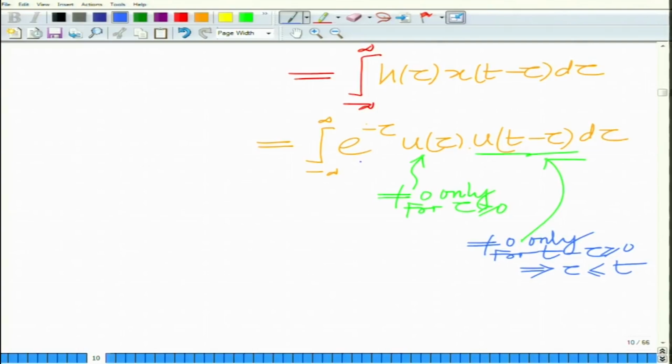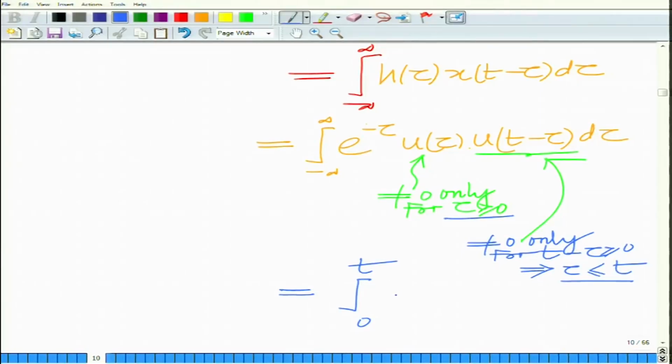So, this integral will only survive for tau greater than or equal to 0 and tau less than or equal to t. So, the limits minus infinity to infinity can be replaced by the equivalent limits 0 to t, but only if t is greater than or equal to 0, because if t is less than 0, it is not possible that tau is less than or equal to t but also greater than or equal to 0.